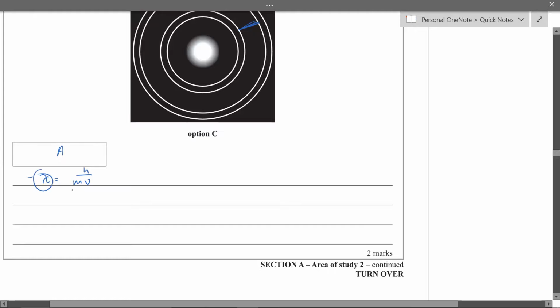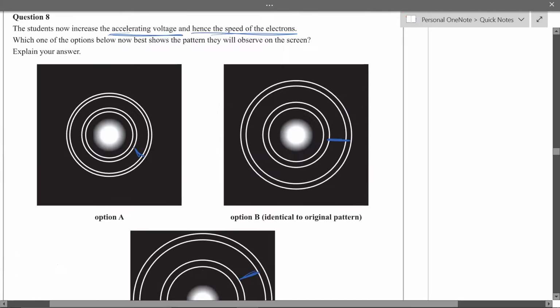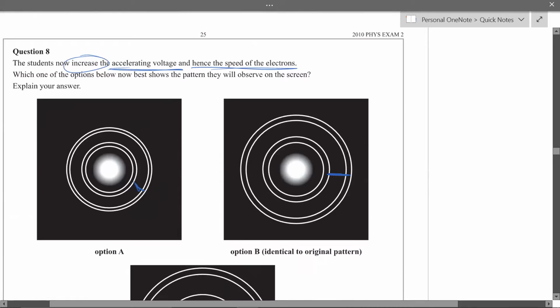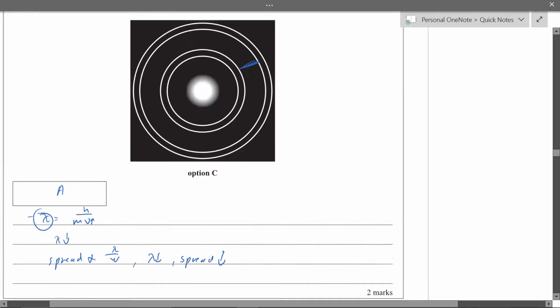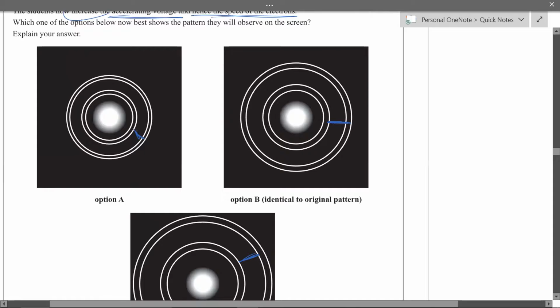So if v is increased, that means lambda is decreased, and since spread is proportional to lambda on w, if lambda decreases, that means spread decreases. So that's why you see less spacing.